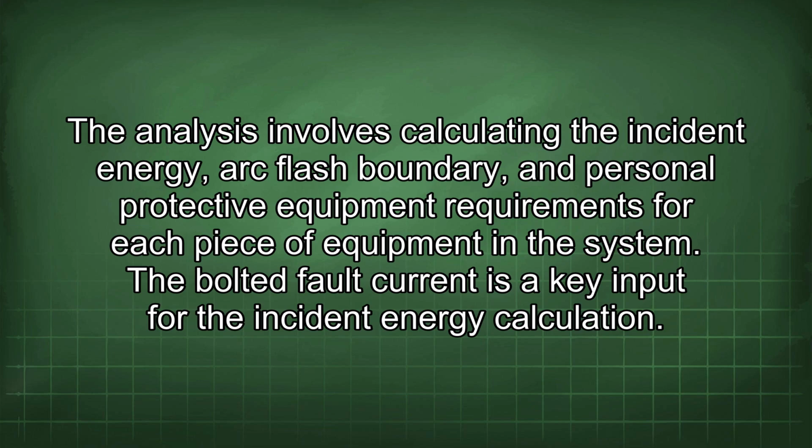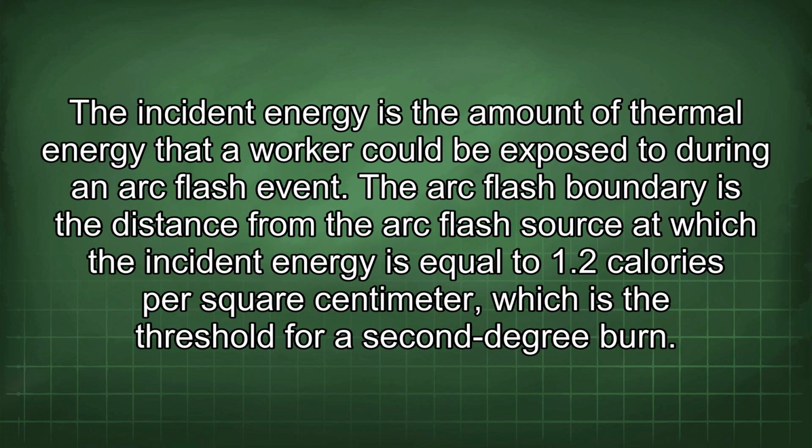The bolted fault current is a key input for the incident energy calculation. The incident energy is the amount of thermal energy that a worker could be exposed to during an arc flash event. The arc flash boundary is the distance from the arc flash source at which the incident energy is equal to 1.2 calories per square centimeter, which is the threshold for second-degree burn.